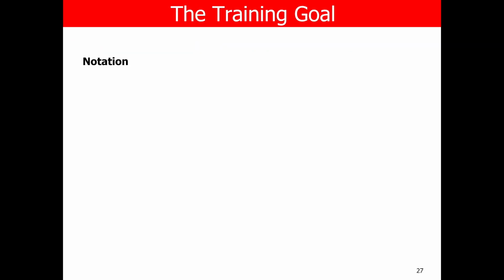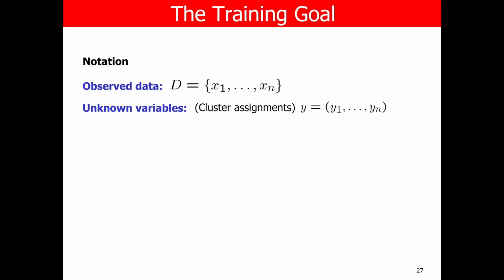Let's quickly review our goal. We are given a data set, x1, x2, and so on xn. The data set is denoted by D. Each of these data points belongs to a cluster. The cluster assignments are denoted by y1, y2, and so on, yn. For example, if y3 is 5, it means that x3 belongs to the fifth cluster. We don't know these cluster assignments.